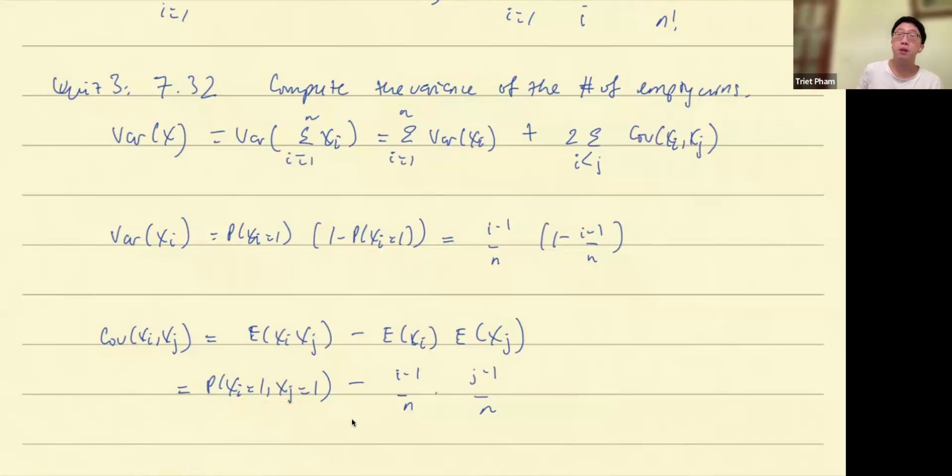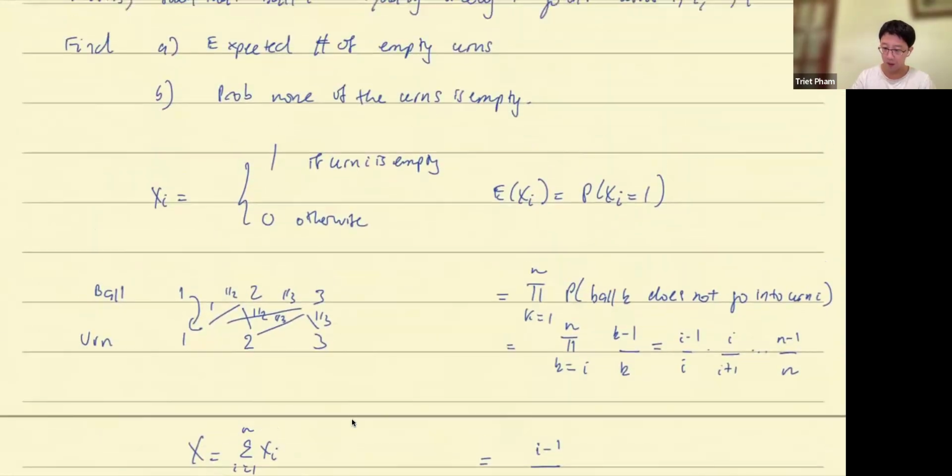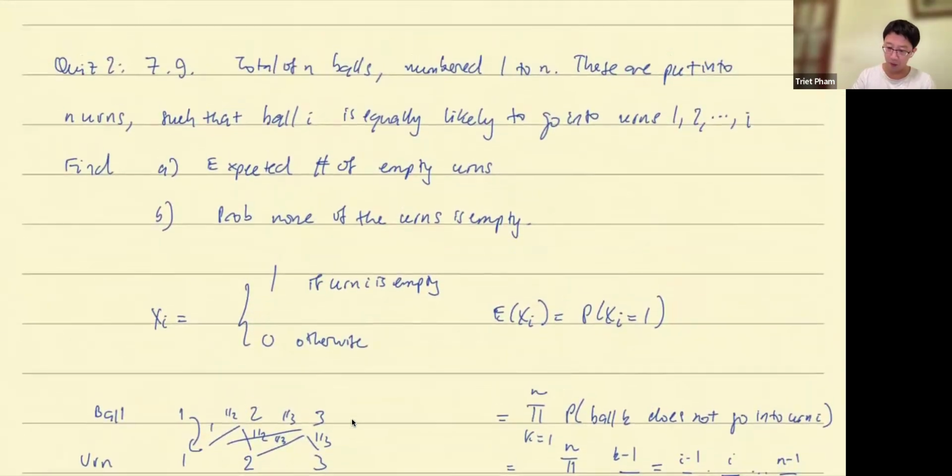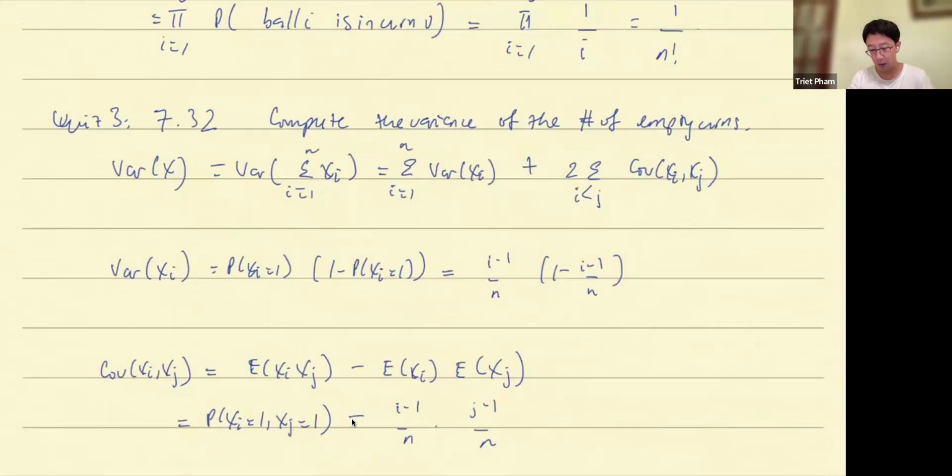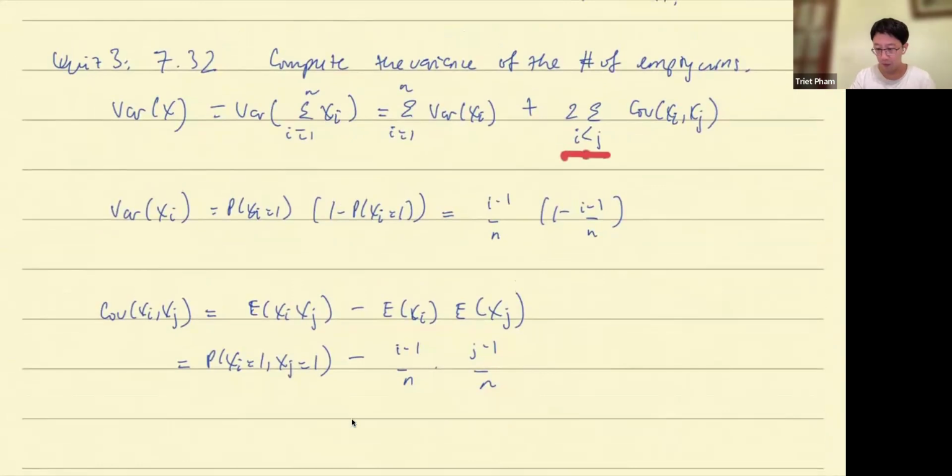So again, just do it directly. This is the probability that no balls go into urn i and urn j, right? How would that happen? Well, here is actually where things get a little bit hairy because of the structure, right? That ball i can only go to urns 1 to i. Because, for example, we were careful to write i less than j.